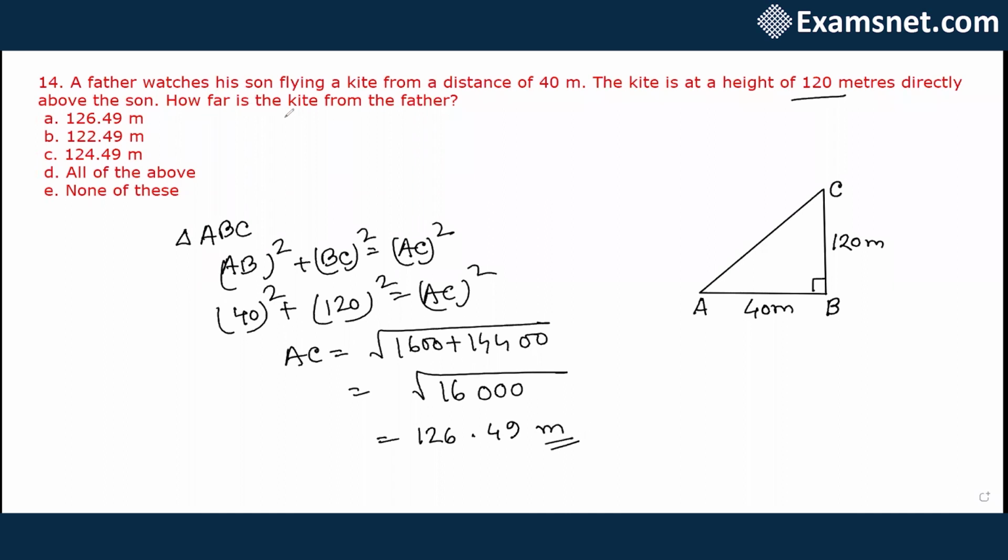So, how far is the kite from the father? The kite is 126.49 meter from the father. Here option A is the correct answer.